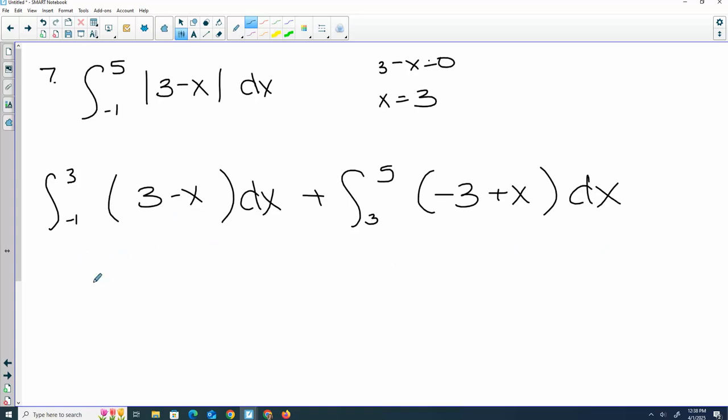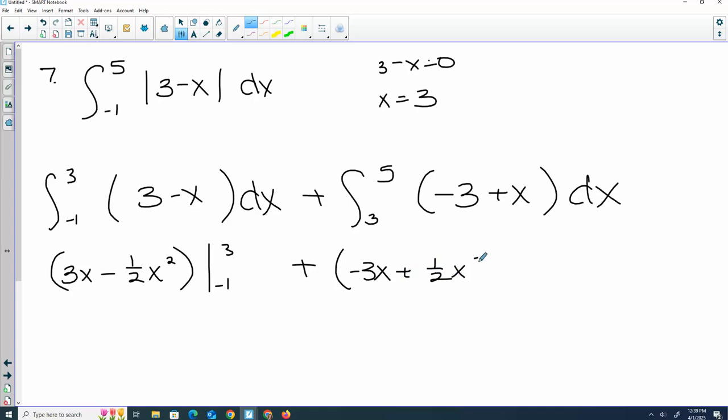So antiderivative, this would be 3x minus, if you add 1 to the power, that's x squared, so it gets a 1/2. Negative 1 to 3. This would be negative 3x plus 1/2 x squared. And 3 to 5.